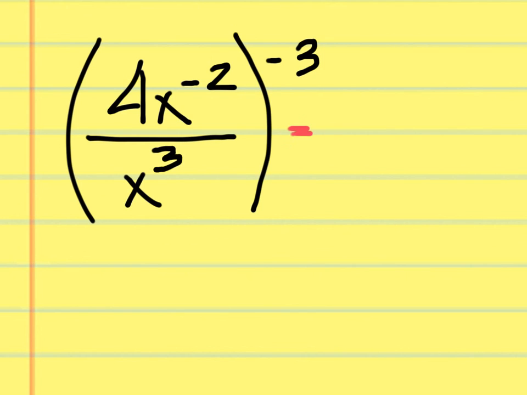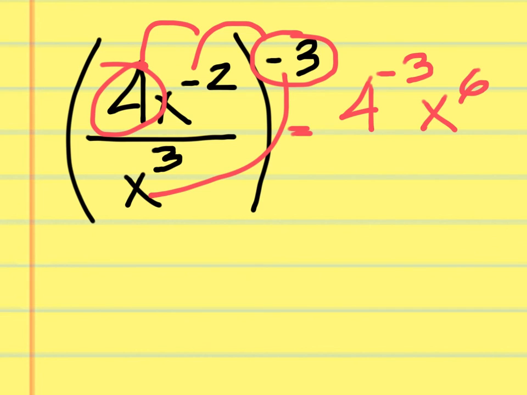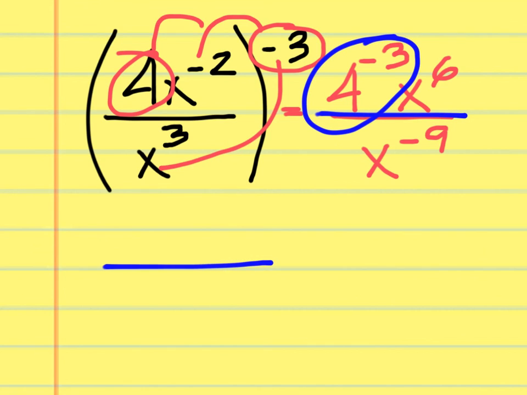If you distribute this negative 3 exponent to each of these items in here, including the 4, you would have 4 to the negative 3rd times x to the positive 6th over x to the negative 9th on the bottom. If you rearrange your negative exponents there, starting with this one, that would put 4 to the 3rd on the bottom.